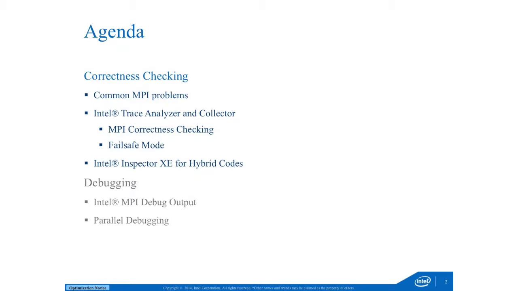There's an easy way to do this because everything is changed to a protocol where MPI send and MPI receive are truly blocking. And so you can find even potential deadlocks in your application.